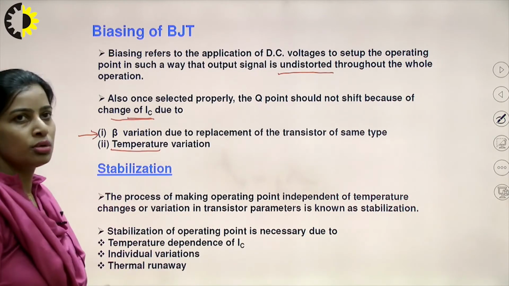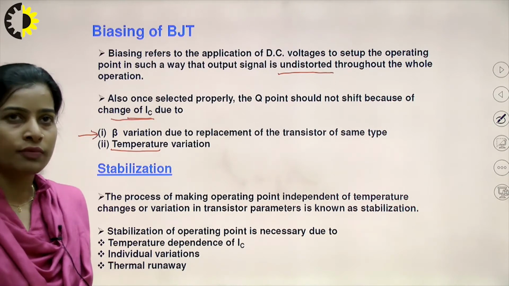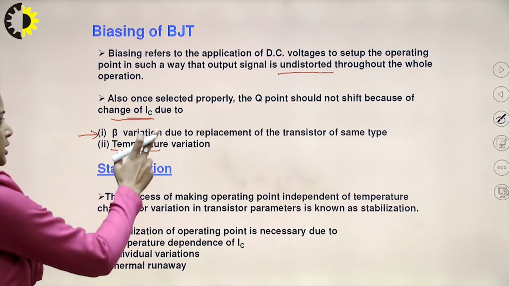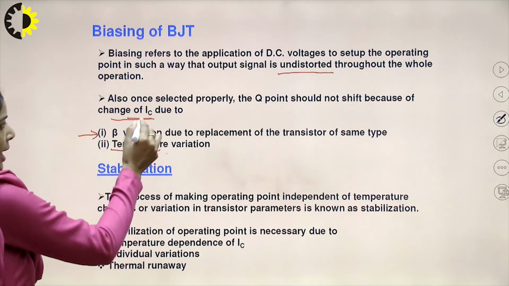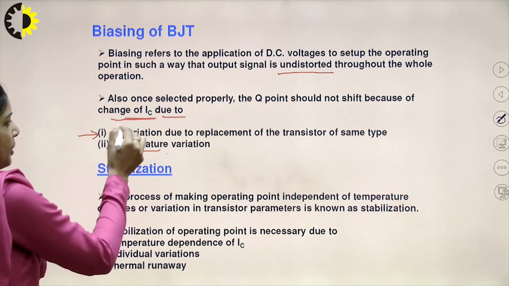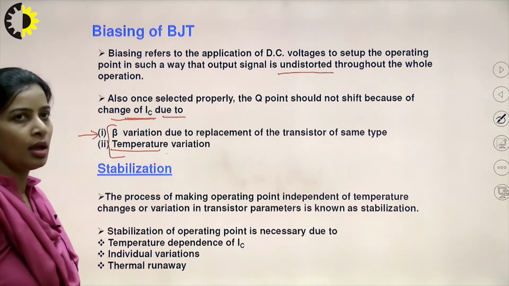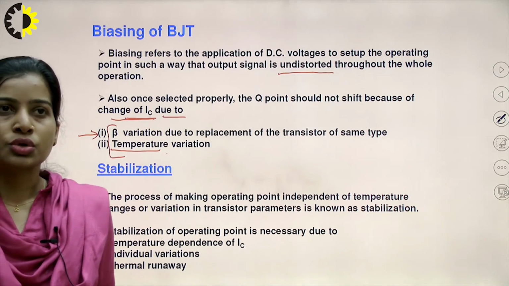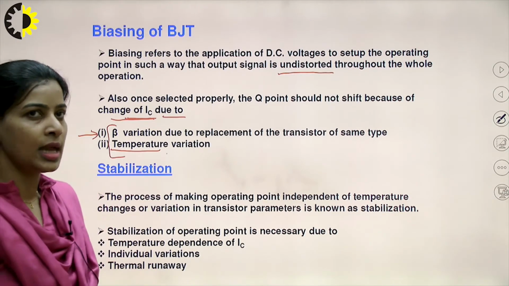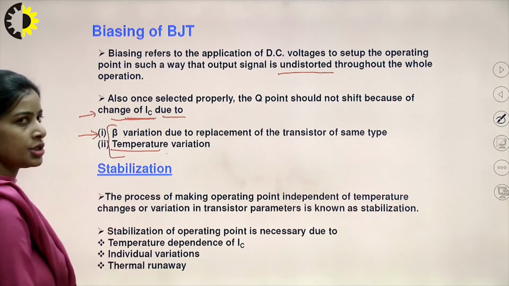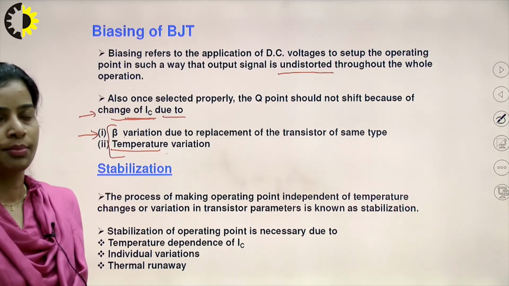So, we want to fix the operating point of the device so that it does not shift due to the change in the device, change in the temperature and change in IC. Change in IC is dependent upon the beta and temperature. So, we want to fix the Q so that the change in IC is not there due to the variation in beta and temperature.